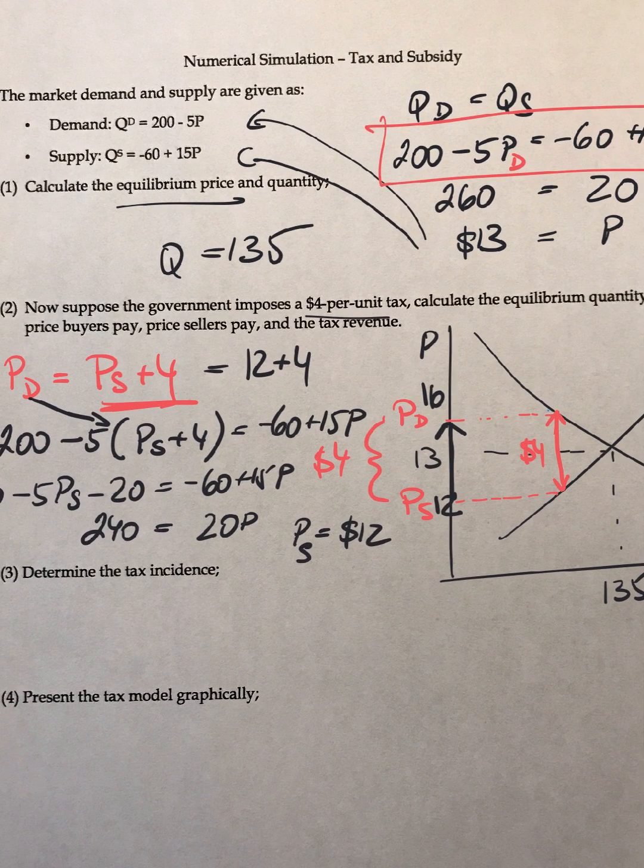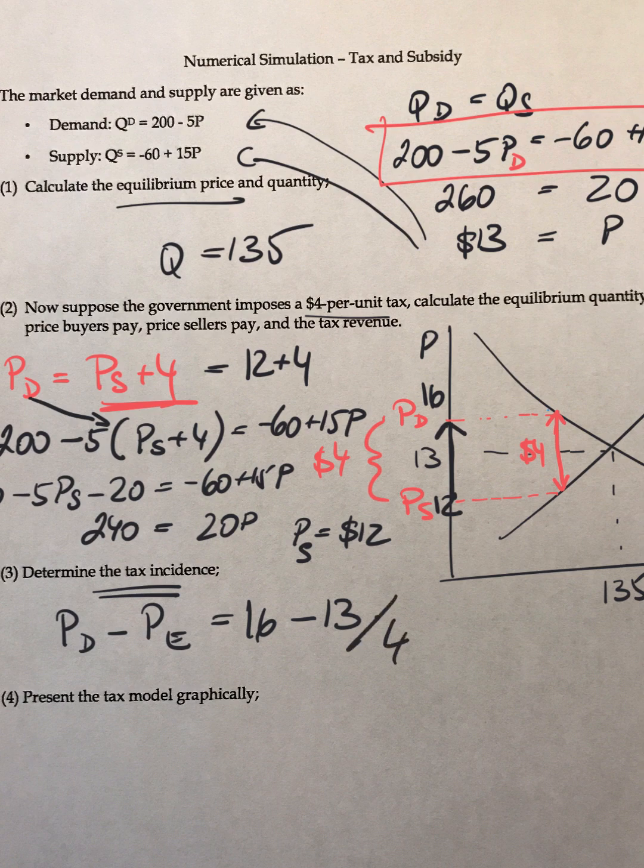Next step. Determine the tax incidence. We know the buyers' incidence is the price on the demand minus the original equilibrium price. So that's $16 minus what we would have paid, which is $13, out of the $4 tax. So $3 out of 4, that's 75% falls on the buyer.